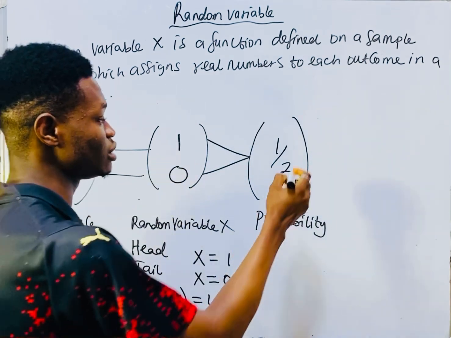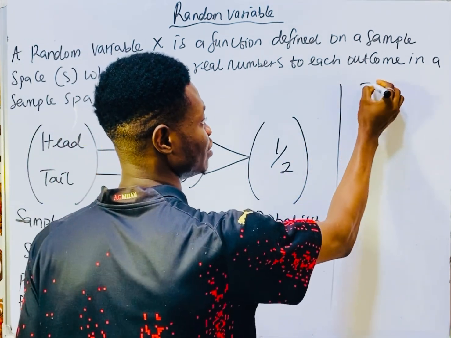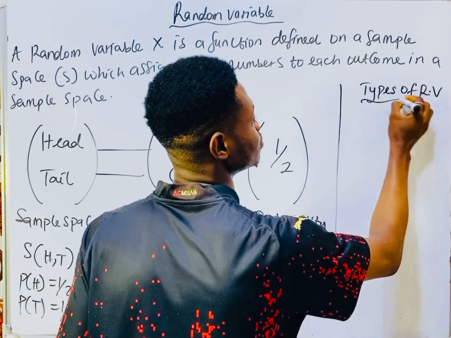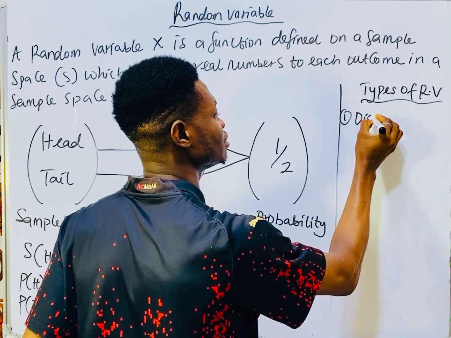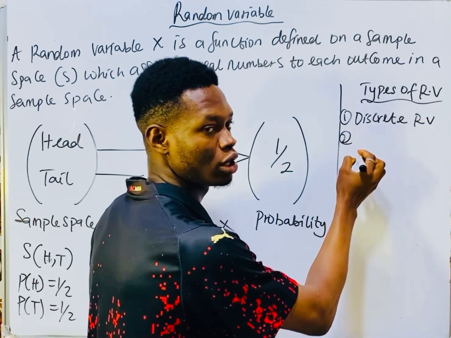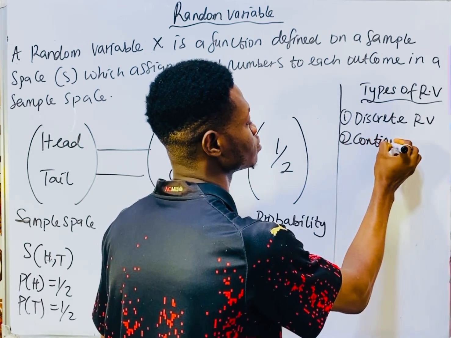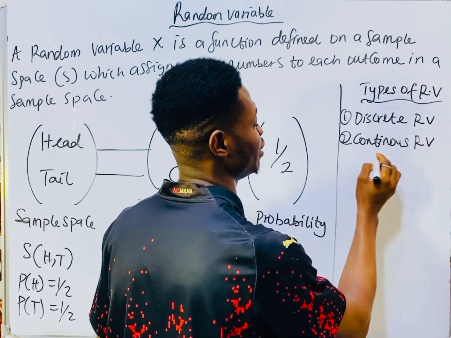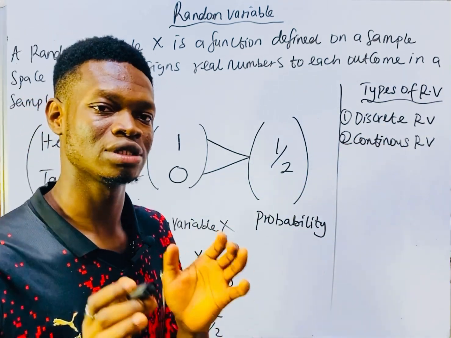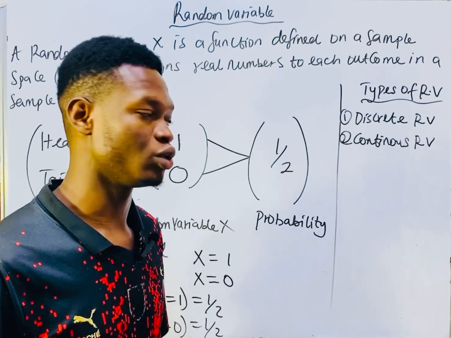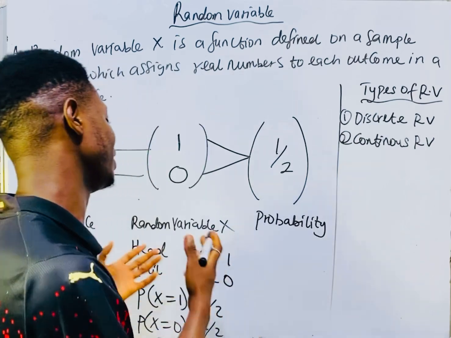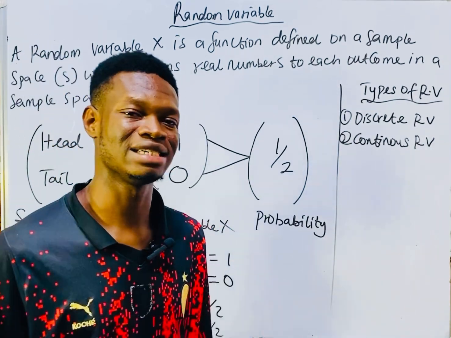I want to tell you another thing about random variables, the types of random variables. Number 1 is the discrete random variable, and number 2 is the continuous random variable. A discrete random variable is defined and finite. An example is when you have a die, you know that you have 6 faces.